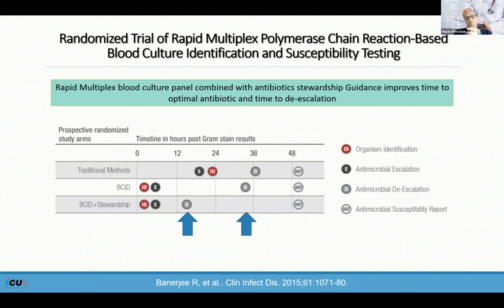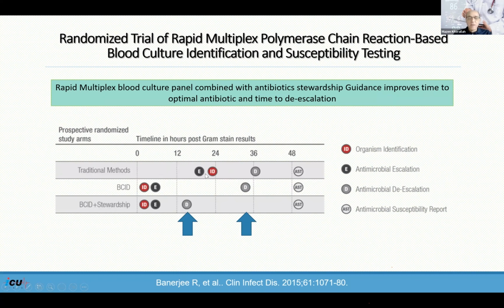Now, when we get those results, it's very important that we act on those results. In this study, which goes back to 2015, you can see how interpretation of this test and the action that is done is different, whether we have a stewardship program in the hospital or not. So the first row here is the traditional methods.